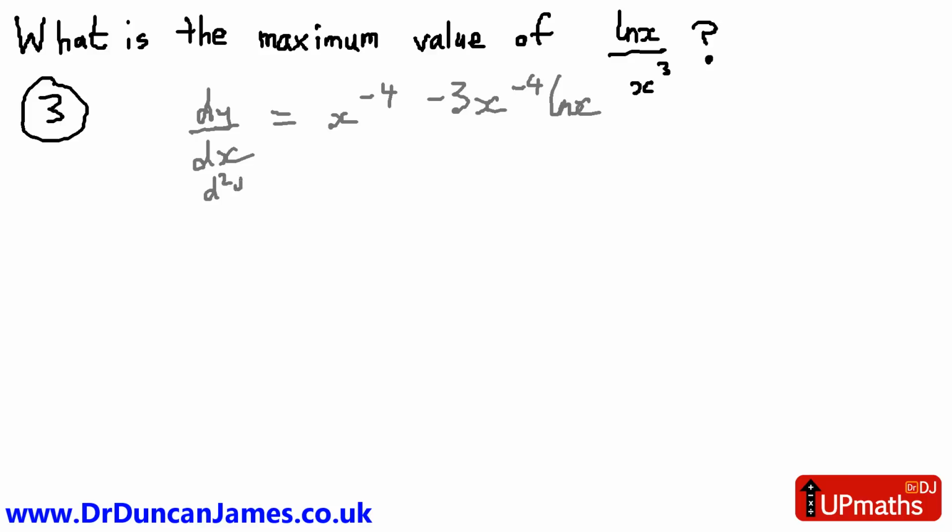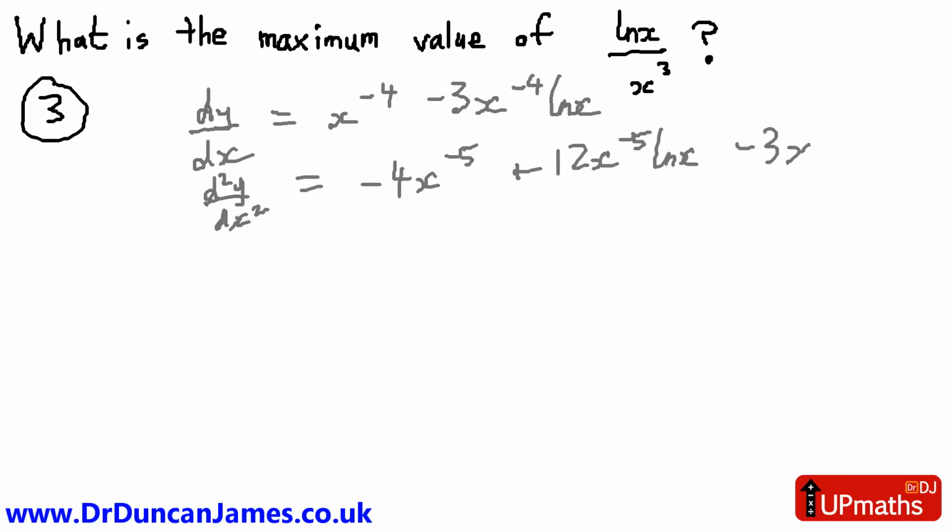So d2y/dx squared, that'll be minus 4x to the minus 5, because I brought the power down, minus 1, plus 12x to the minus 5 ln x, and then the chain rule on this. I could do a lot of simplifying here.